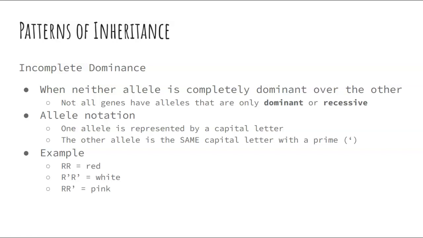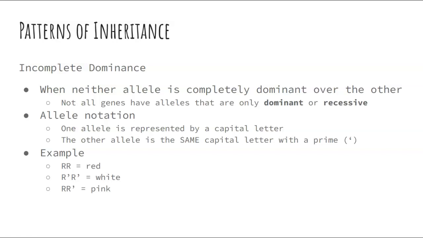So let's look at this example below. We have big R, and that means red. And then we have R prime, we call that prime. It's just like an apostrophe, but we call it prime. And that's white. So those are our two main alleles, red and white. But when we have the heterozygous genotype, we actually get a blending, that's a key word there, blending of the two of them together.